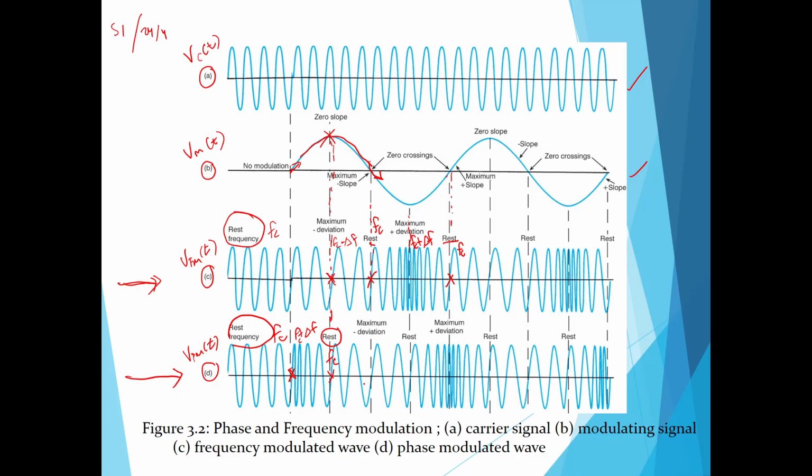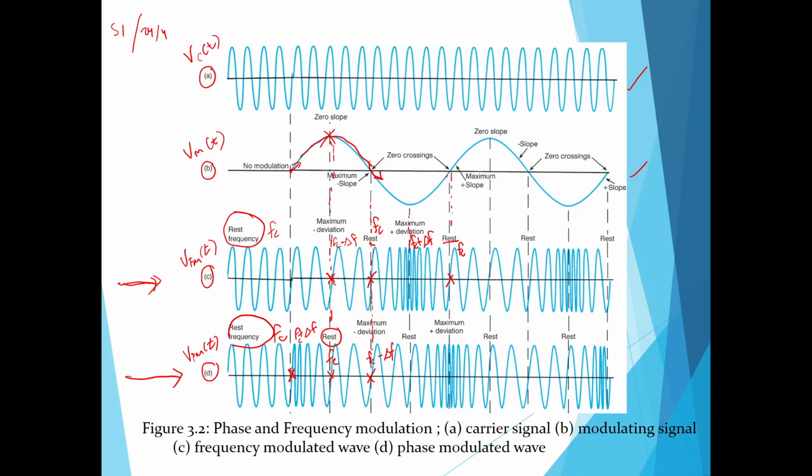What happened is that critical change happens. The frequency of the carrier becomes minimum. So the carrier will achieve the maximum negative deviation, which is Fc minus delta F, minimum frequency carrier.